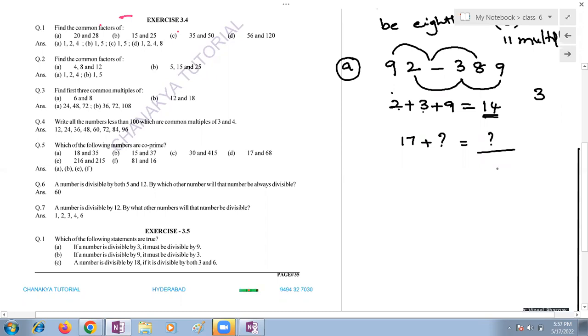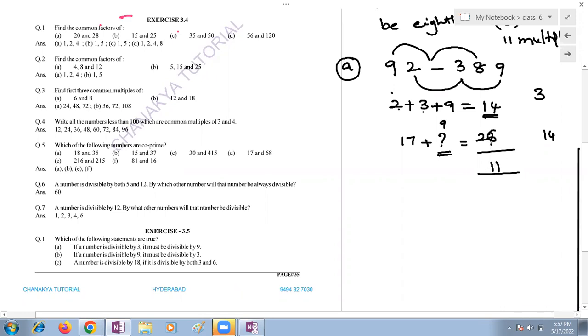First, let me go with the 9. If I take 9 here, 17 plus 9 makes 26. 26 minus 14 is 12.